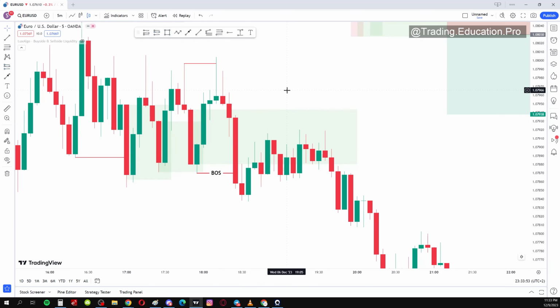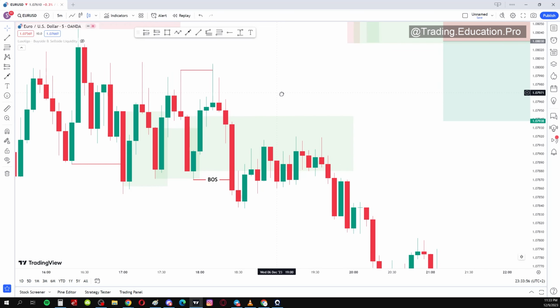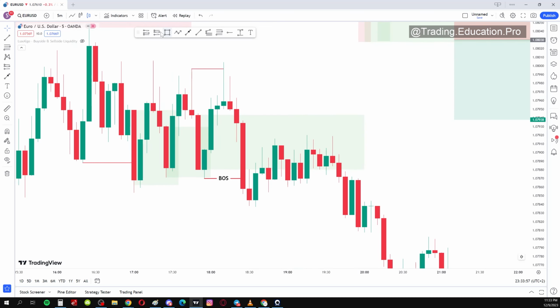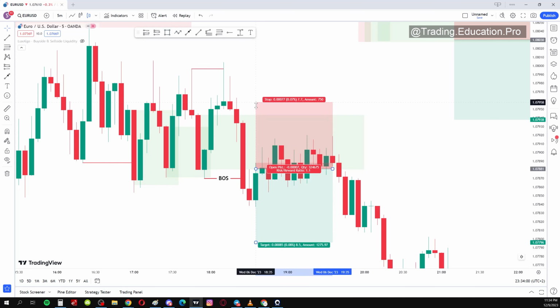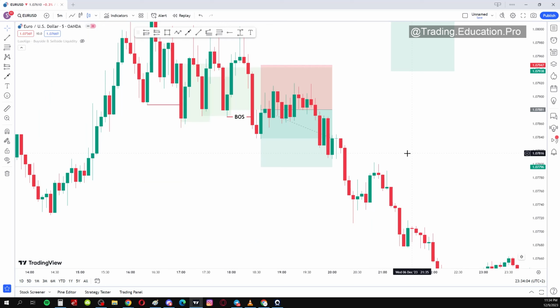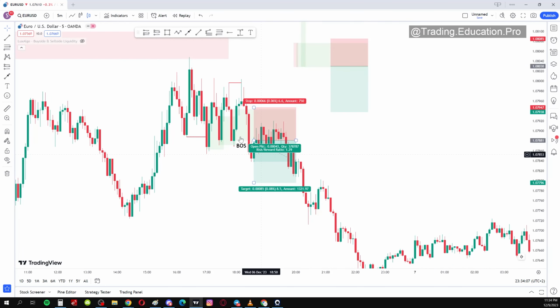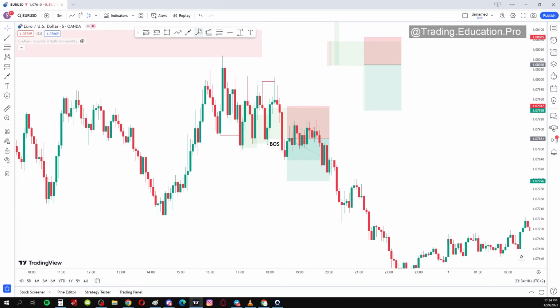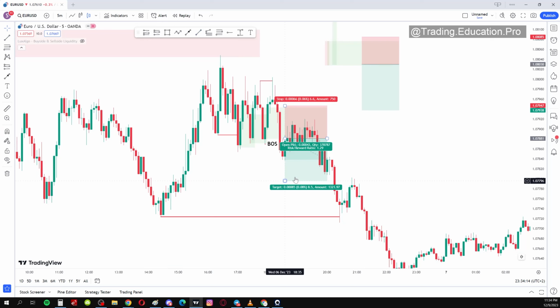And so basically, we can just take a trade from here, like this. So this is the breaker block. And we can target the next liquidity here.